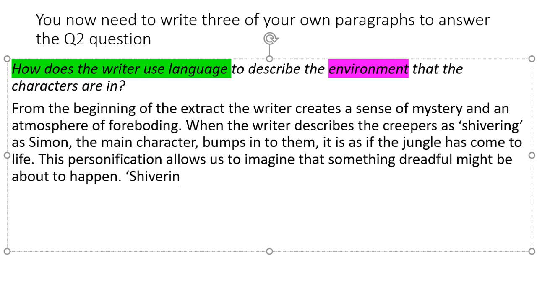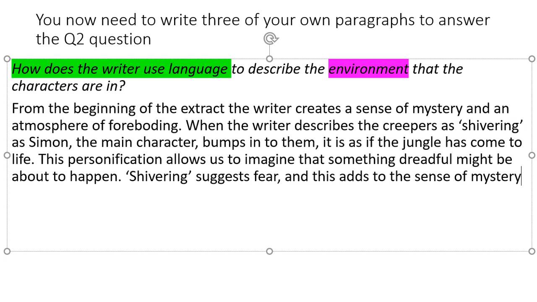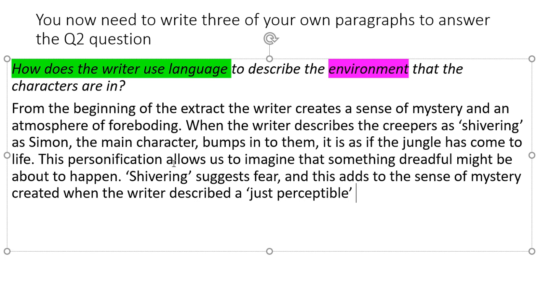Shivering suggests fear, and this adds to a sense of mystery created when the writer described a just perceptible path.